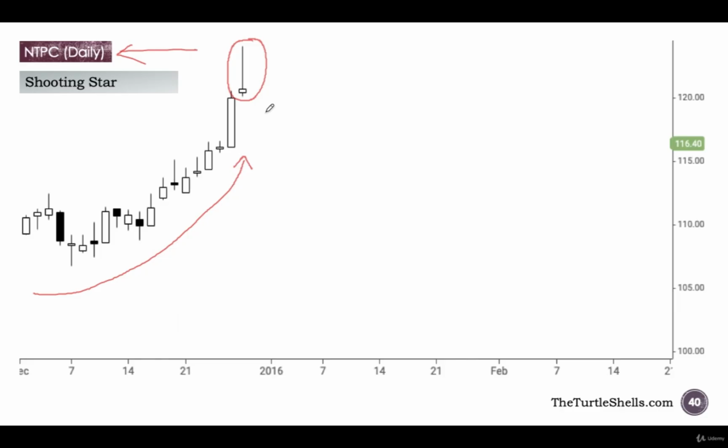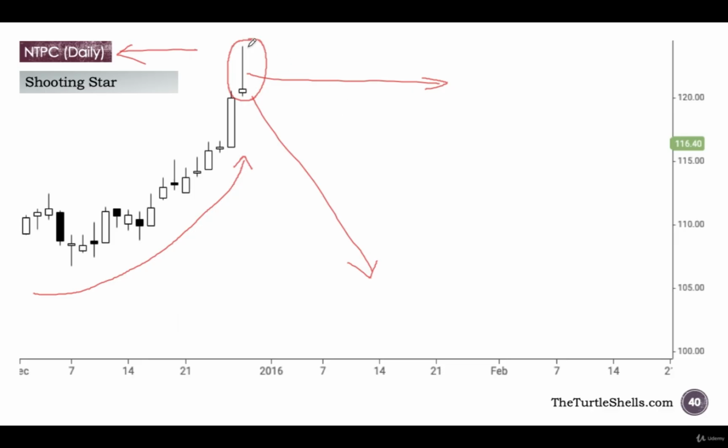Even if the trend does not completely reverse, it is much more likely that the trend will go sideways now. After a long uptrend on a daily chart, there is huge possibility that it will either go sideways or it will come down, especially after this bearish single candlestick pattern, which is the shooting star.